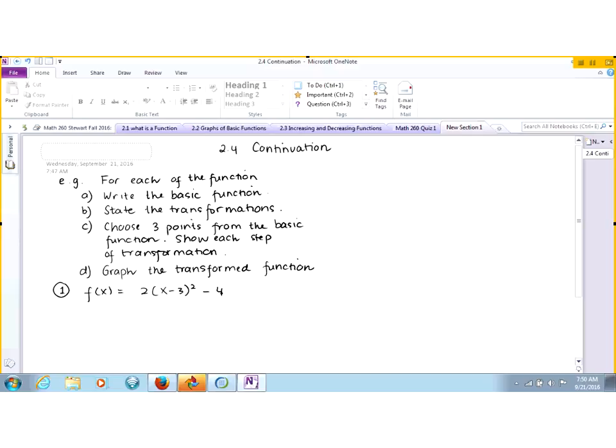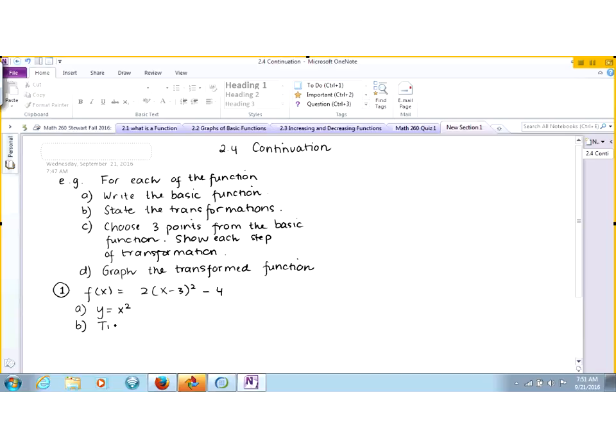Are we ready? So for each function, do this transformation. A, what is the basic function which is related to this function? So it is y is equal to x squared.